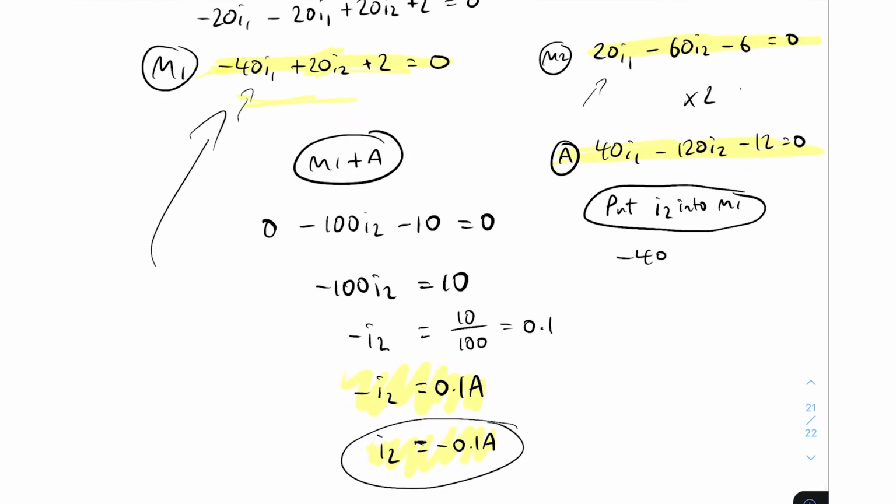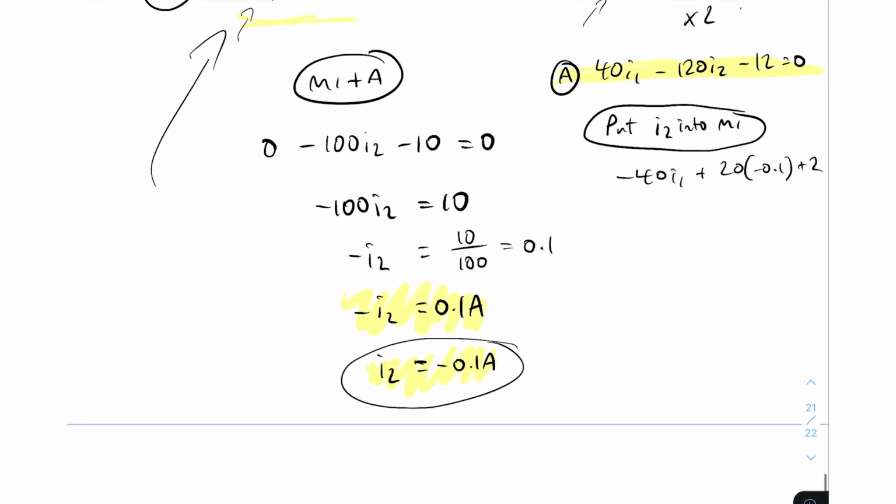So we've got minus 40 I1 plus 20 times minus 0.1 plus 2 is equal to 0. So minus 40 I1, and then 20 times minus 0.1 is going to be minus 2, right? And then plus 2 is equal to 0.